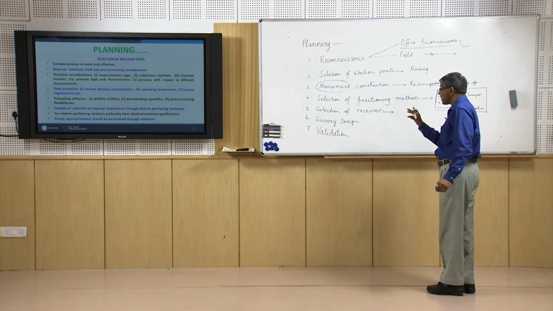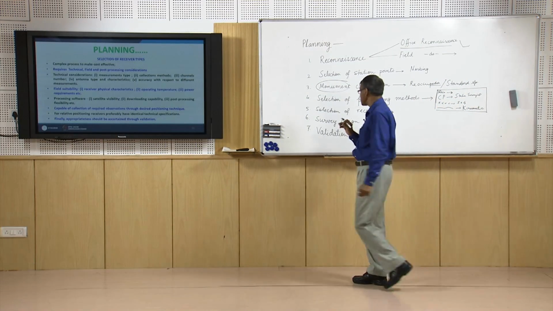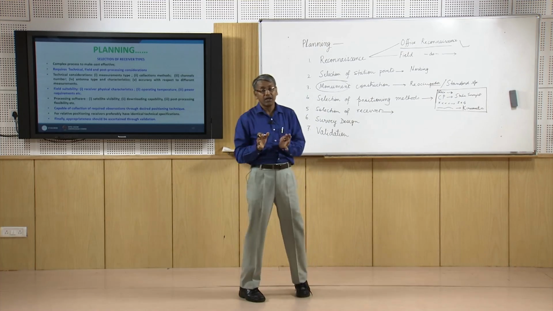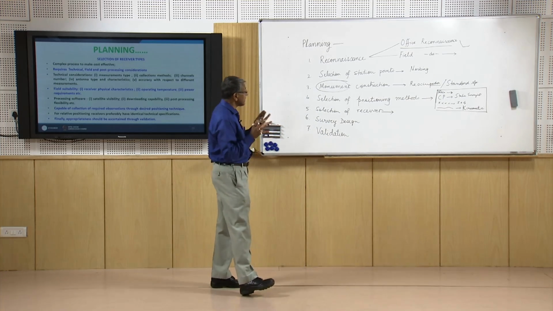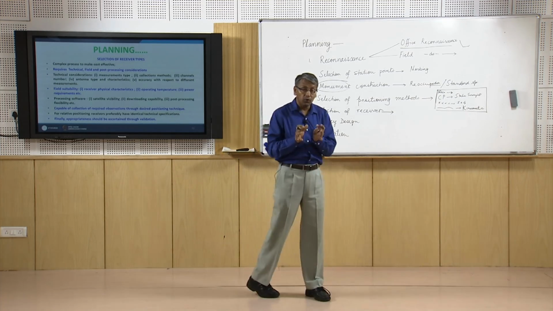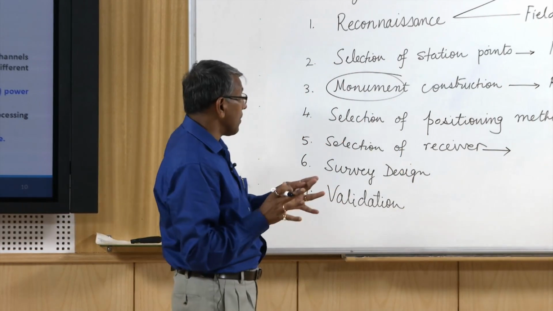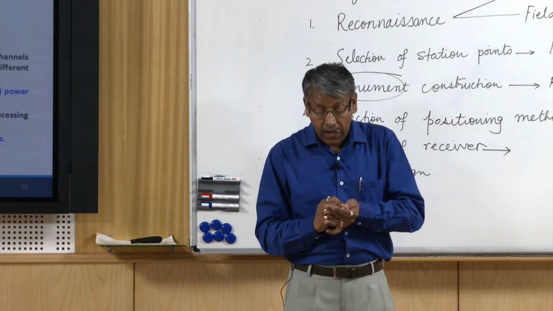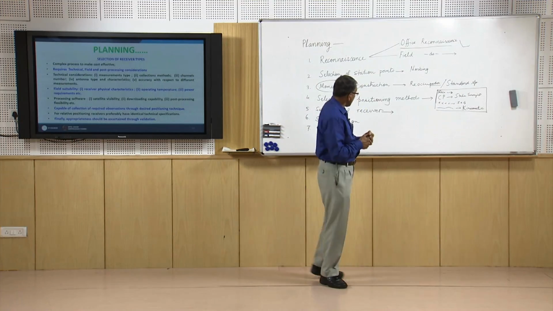Now the selection of receiver is a very complex process if we want to end up with an economic solution, maintain the accuracy, and achieve the objective of the work within standard specification.